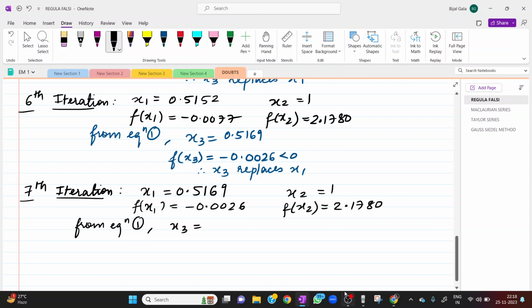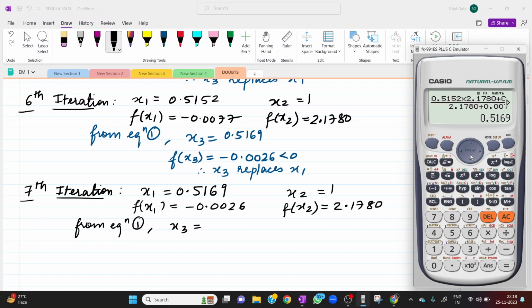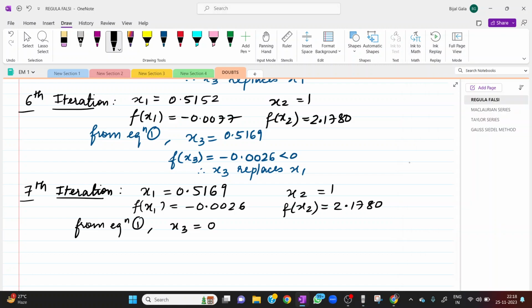Again, using equation 1, x3 would be, let's use the calculator history. So this is replaced by 26. Numerator again, 26. And this side I have 69. So that's 0.5282. Okay, I think I will place it correctly. Yeah, 0.5282.